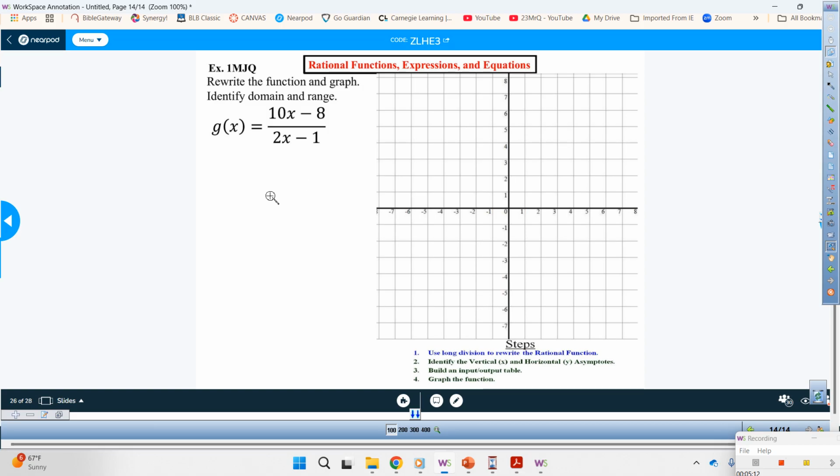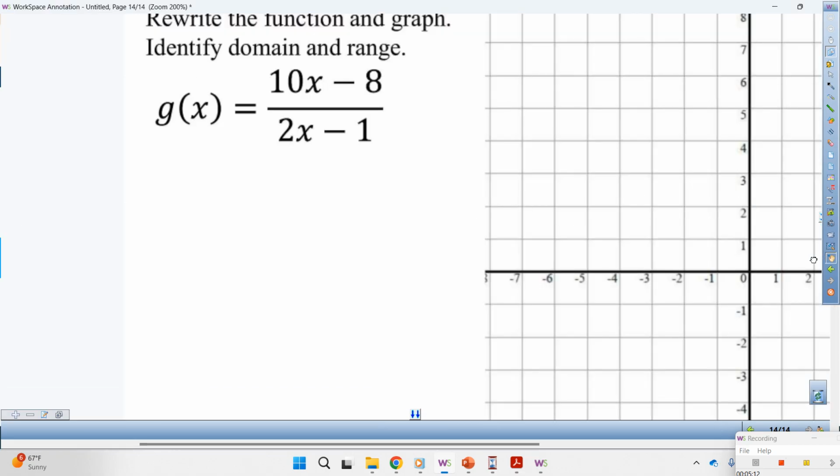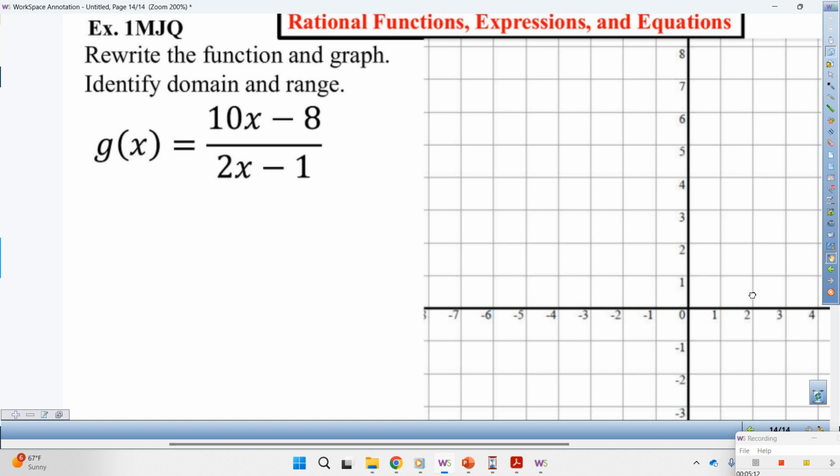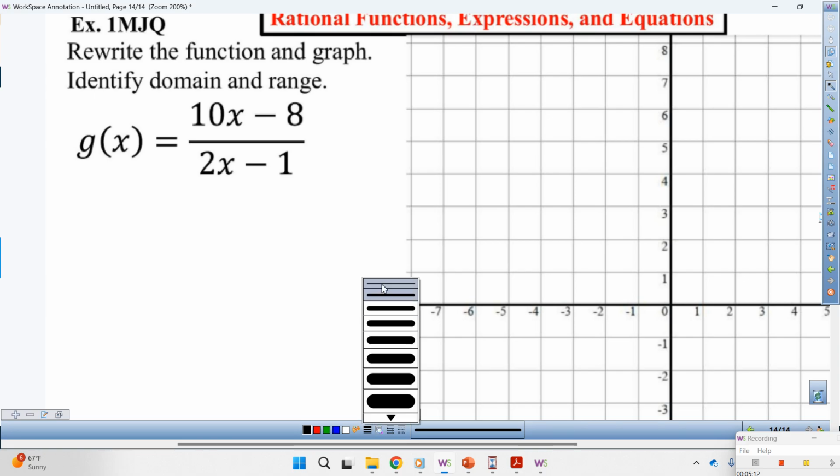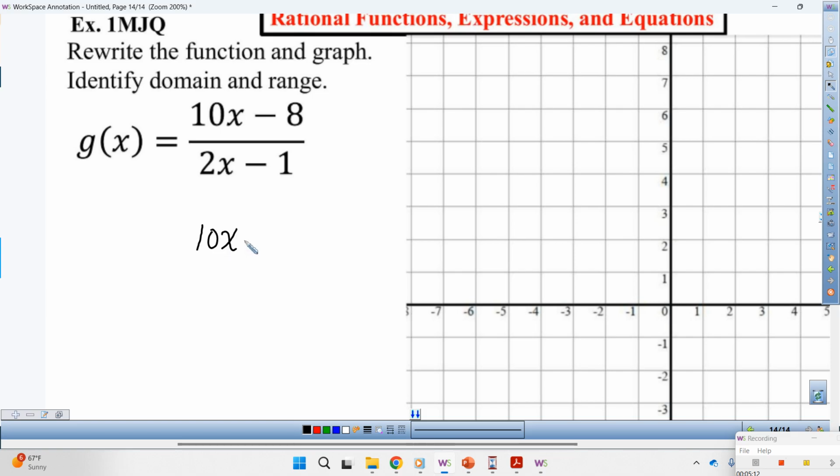Whatever your neighbor told you to do, as long as it's correct. All right, so what do I do? Mario, pass on one. Joseph. Divide. All right, so we got 10x minus 8 divided by 2x minus 1.